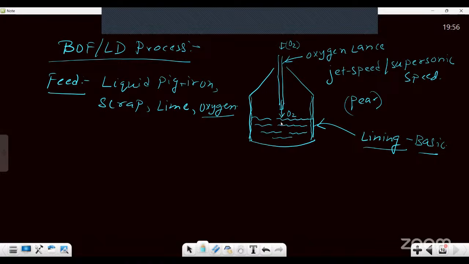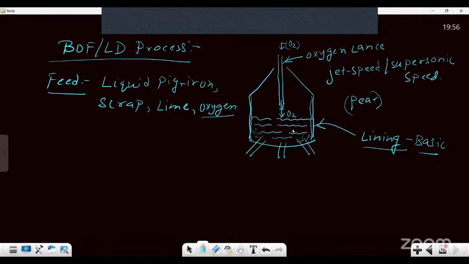But when this oxygen impacts the hot metal, the part of the hot metal which is down here, that part may not get oxidized. Uniform oxidation sometimes may not happen. Why may uniform oxidation not happen? Because if there is improper stirring of the hot metal, then uniform oxidation may not happen.